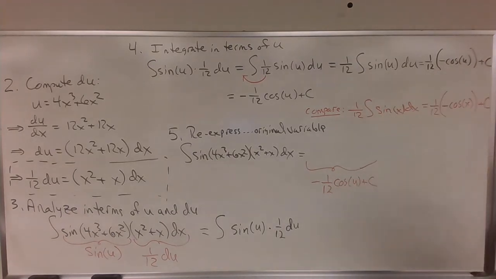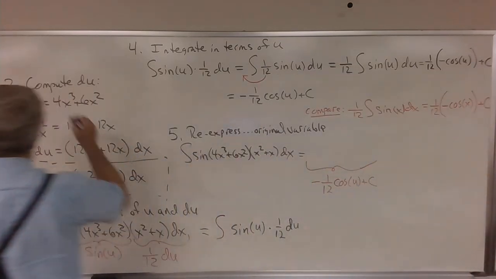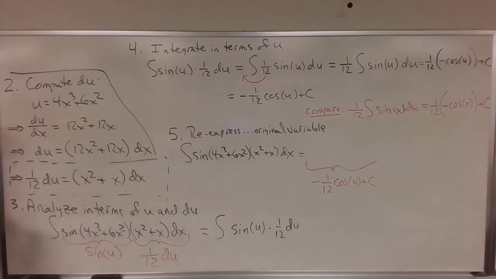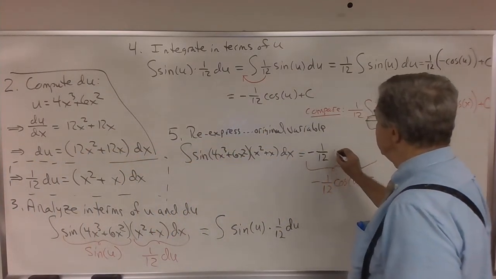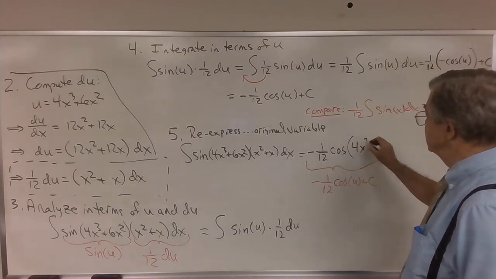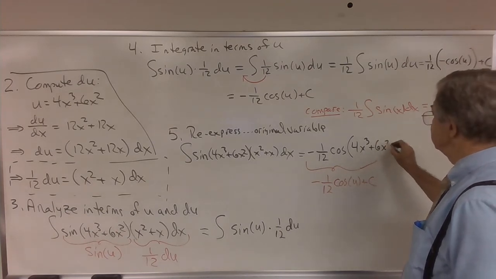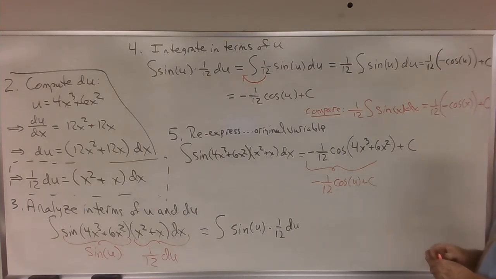Now all I have to do is rewrite my answer in terms of x. And step 2 has my rate of exchange. U is the same as 4x cubed plus 6x squared. So my answer, negative 1/12 cosine of 4x cubed plus 6x squared plus c. This is it. Son of a gun.